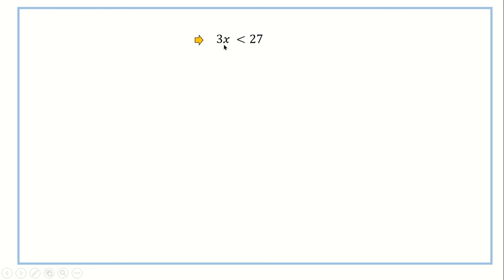Look at 3x is less than 27. So we have it as 3x. So we will divide by 3 on both sides. So that we have x is less than 9. And we can show this on the number line.